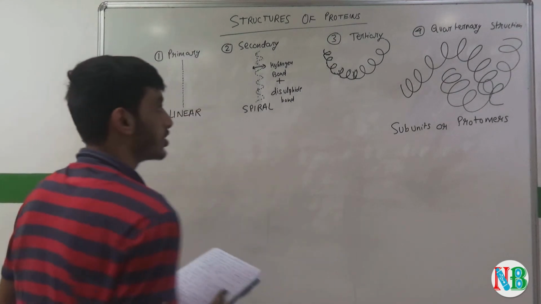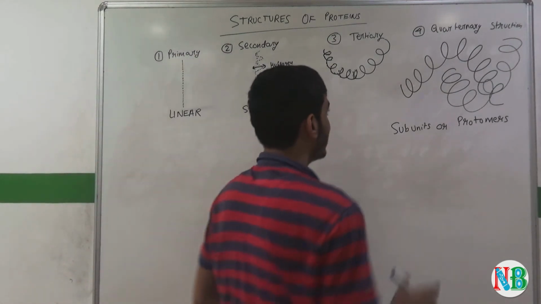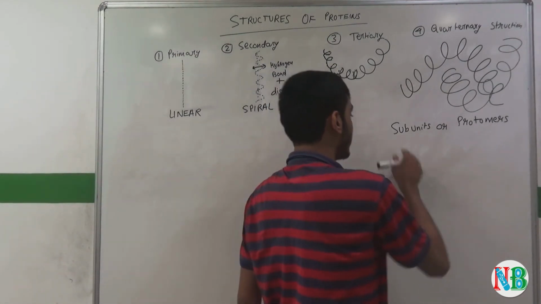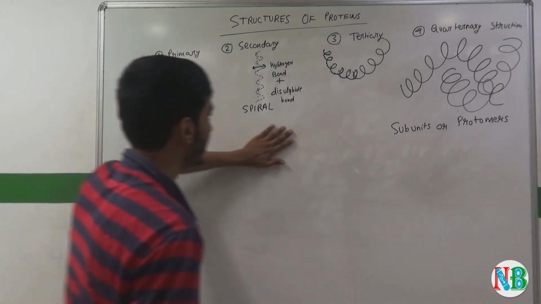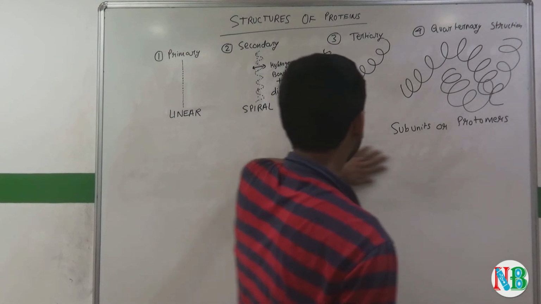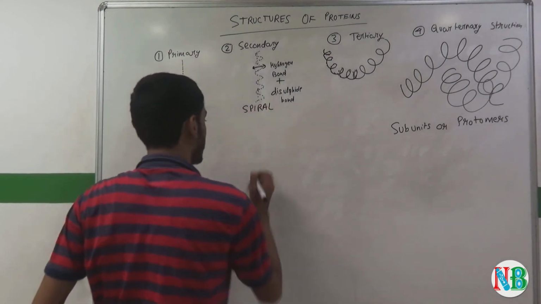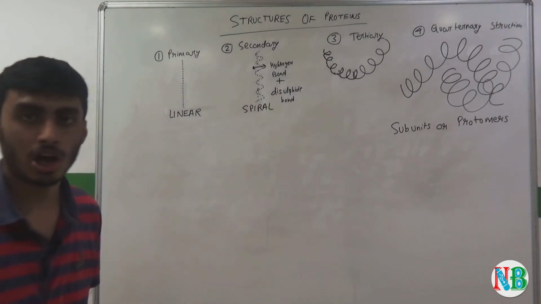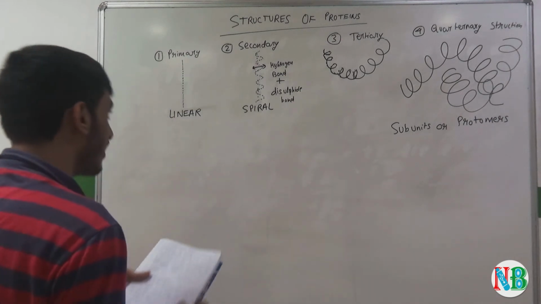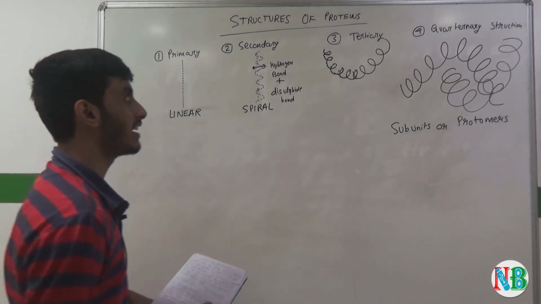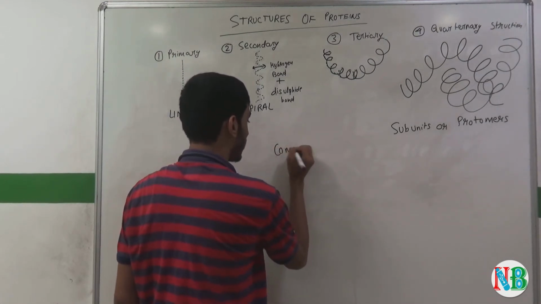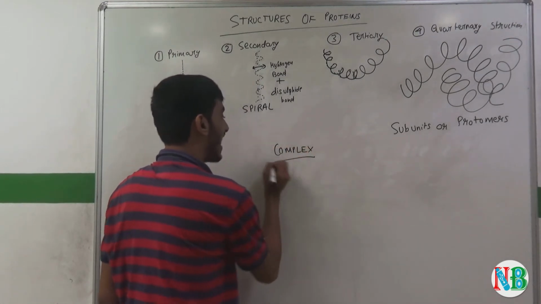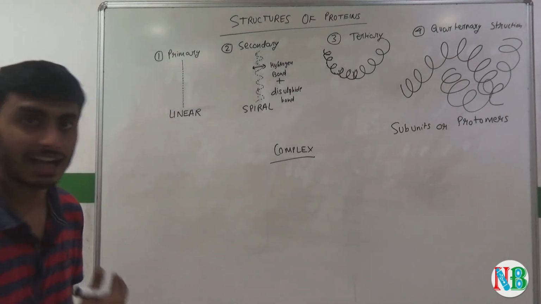So you have to analyze these subunits and the shape of these units. Once you get all these four structures, you finally know how it looks. So in short, I can say that the structure of a protein is complex. You have to analyze it from every angle possible.